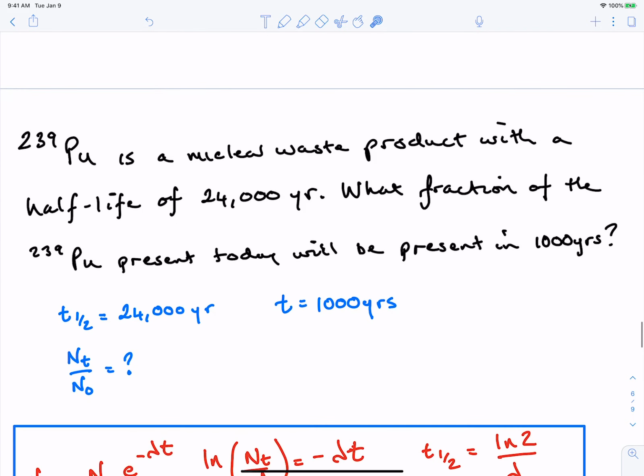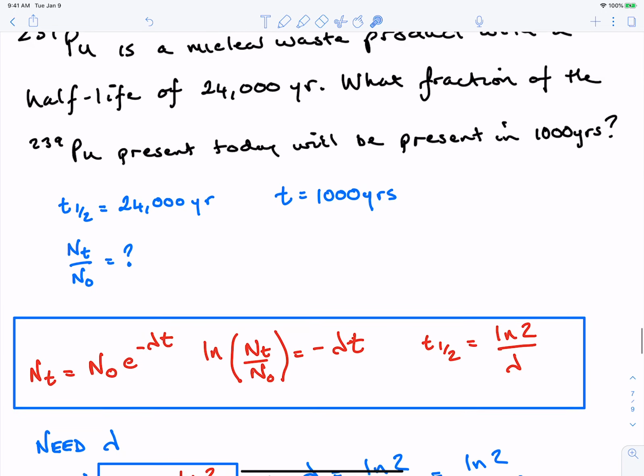What we're given is the half-life of 24,000 years. We're told that the time we're looking for is 1,000 years, the value of t, and what we're asked for is what fraction is left. This is the fraction that's left: it's the amount of material at time t divided by the initial material. So this is the fraction that we're looking for.